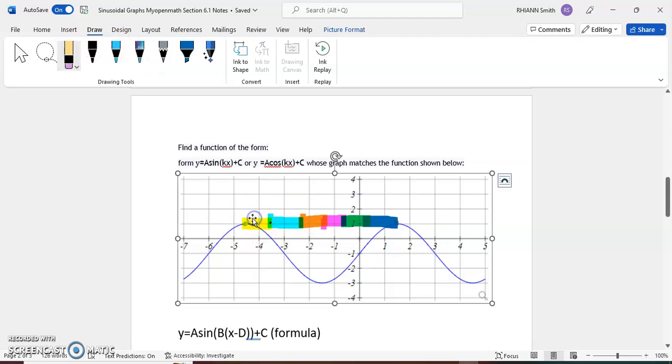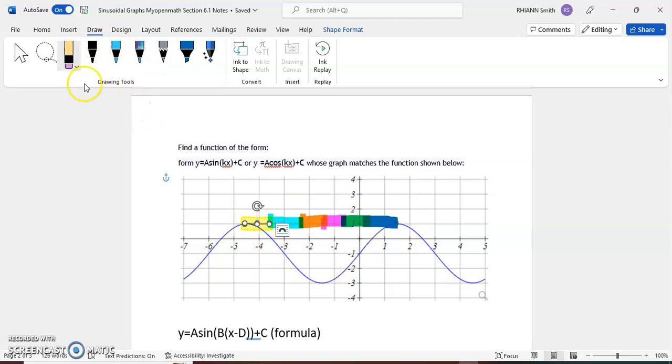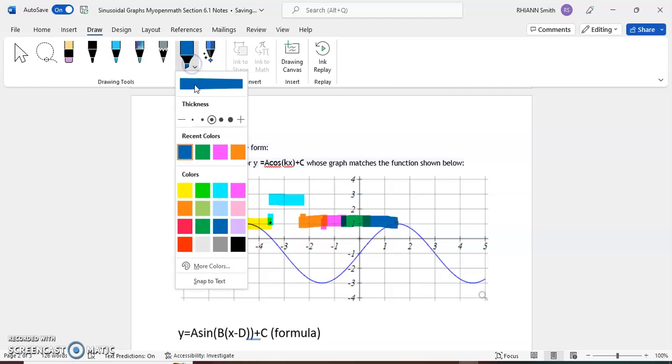So let's erase this if I can. Oh, okay. I guess it's not going to let me erase it, which is quite interesting, but that's okay. We can just highlight it. It's fine. I'll actually highlight it red.